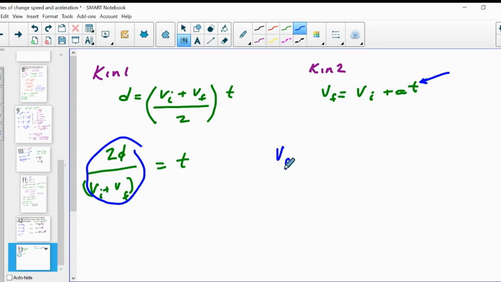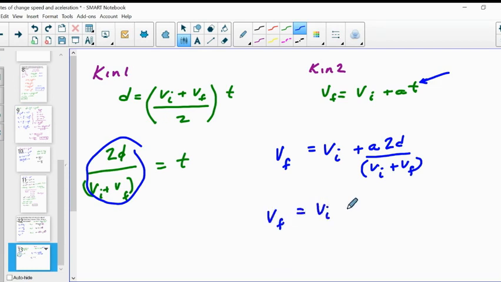So my final velocity is the initial velocity plus a times t. But we know that t is 2d divided by the sum of the velocities. I'm going to simplify this a little bit. So my final velocity equals my initial velocity plus 2ad over the sum of the velocities.